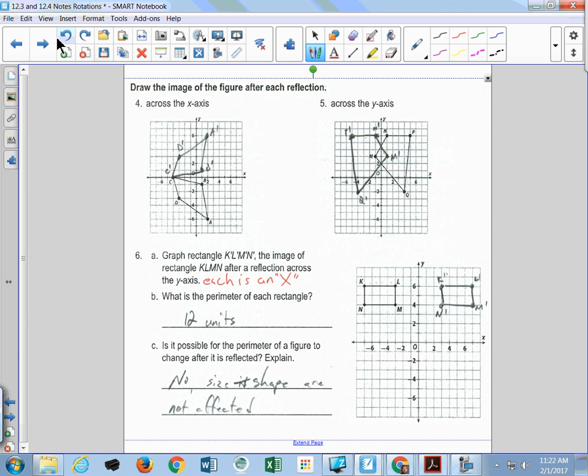On 6, A, B, and C, each one is an X. If the drawings are not in the right spot, it is wrong. I'll give you just a second to look over this one.